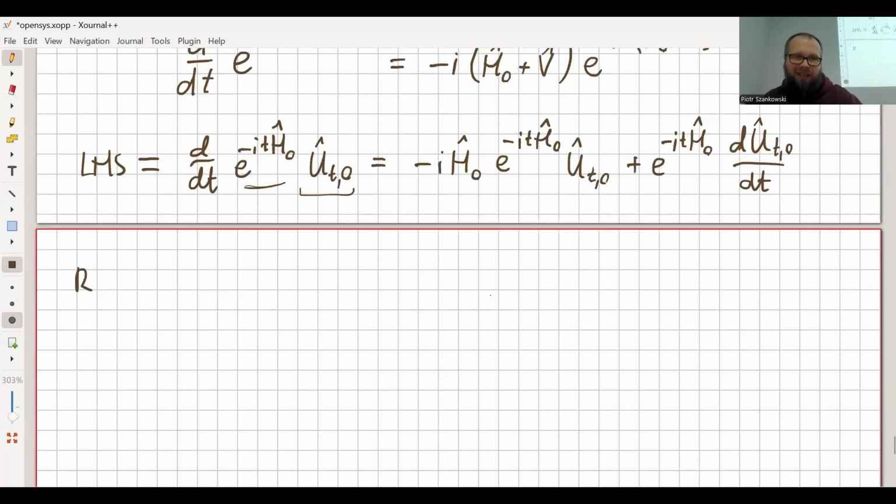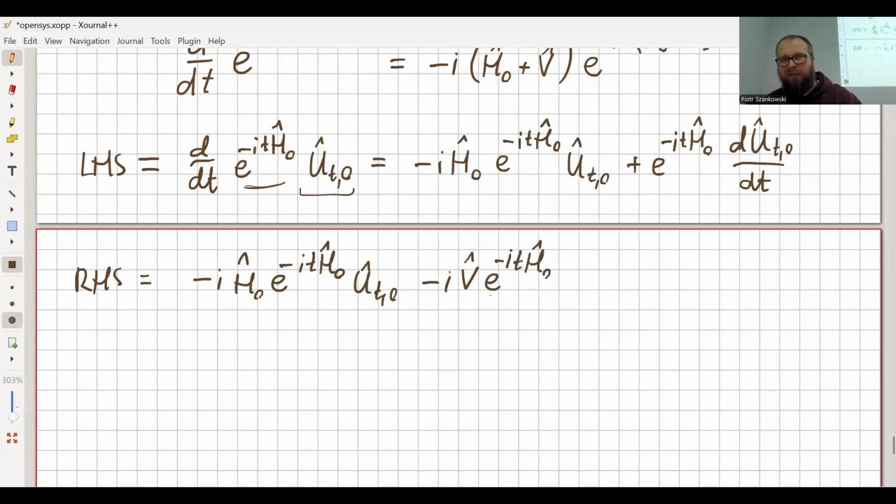On the right-hand side, nothing much happens. Just rearrange the terms a little bit. Minus i H0 u t0, minus i V e to the i t H0 u t. Okay, so nothing interesting happens here, but now the trick, maybe you saw this kind of trick previously somewhere on one of the quantum mechanics courses.